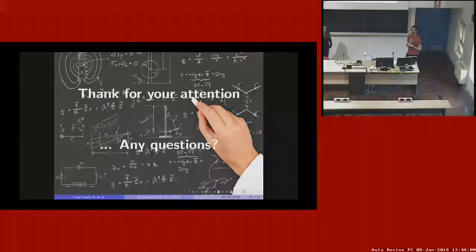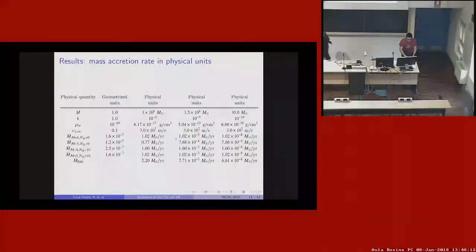Just said that if this is true for stellar mass like... This is in units, so, okay, they use geometrized units for the simulation, but changing the mass of the central body and the density and the velocity, you can have a different physics scenario.